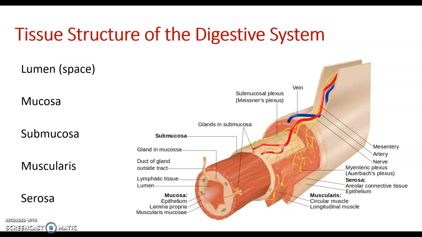So the third layer is the muscularis layer, and this is a layer of smooth muscle tissue. Actually, 2 to 3 layers of smooth muscle tissue, which we'll see here in just a second. And remember, when we think of smooth muscle, we need to be thinking autonomic nervous system. So the functioning of our GI tract is not something that we need to do manually.